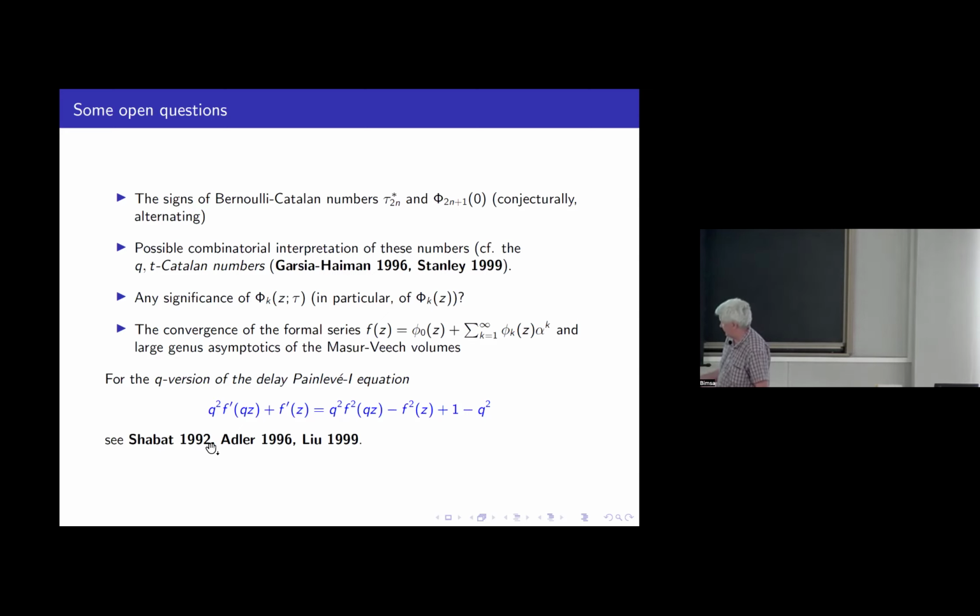So Shabat started this, and Adler, Seva Adler, continued, and Liu, I think in his PhD in Cambridge, studied this in more detail. So for the Q version with Q smaller than 1, we have some analytic results, but as soon as Q is 1, in our case, everything seems to be divergent, formal, and therefore that's it.